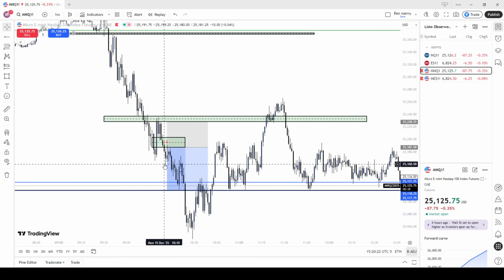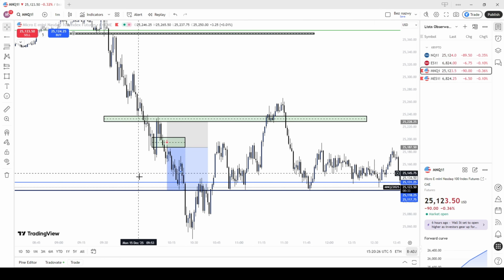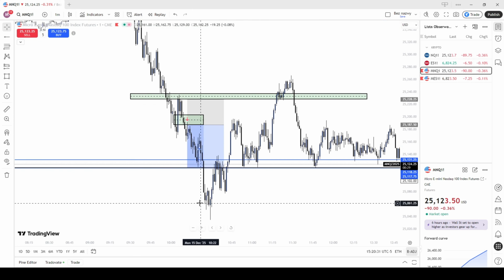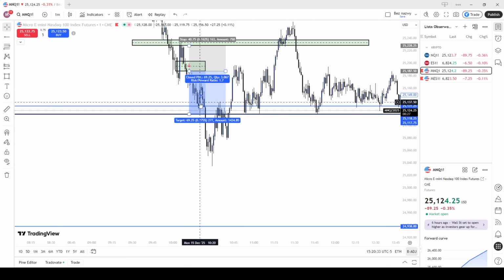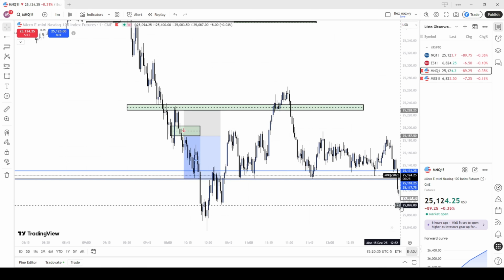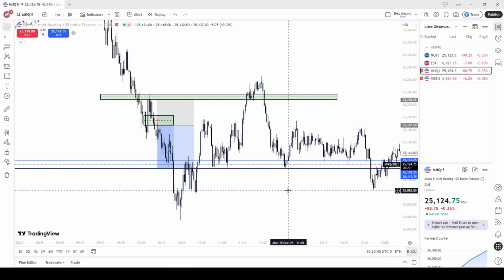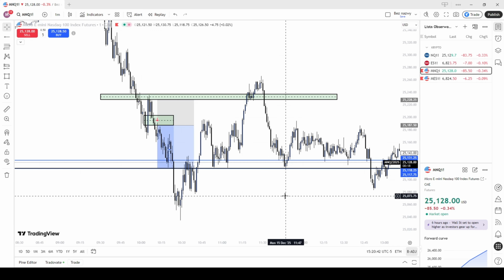Not really that early, though. Normally I go break even on my first partial TP, or if the first TP would be like here, then I would have gone to break even on like 1 hour, or a really lower time frame liquidity.